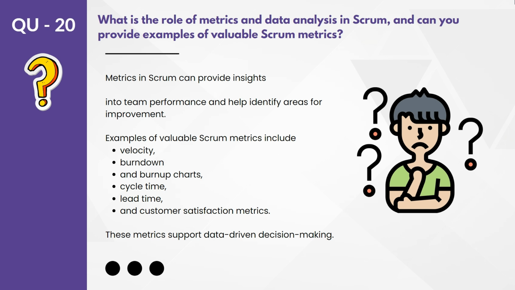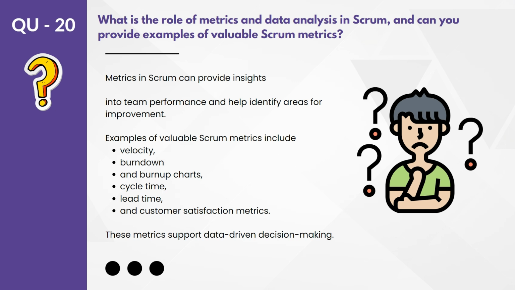Now if you have to talk about the valuable Scrum metrics, what all those metrics can be? Those can be velocity, burn down and burn up charts, then cycle time, lead time, and customer satisfaction metrics. These are straightforward metrics which can be used for the analysis and for the understanding of the performance of the Scrum team. So when we have the metrics, what is the culture it brings?